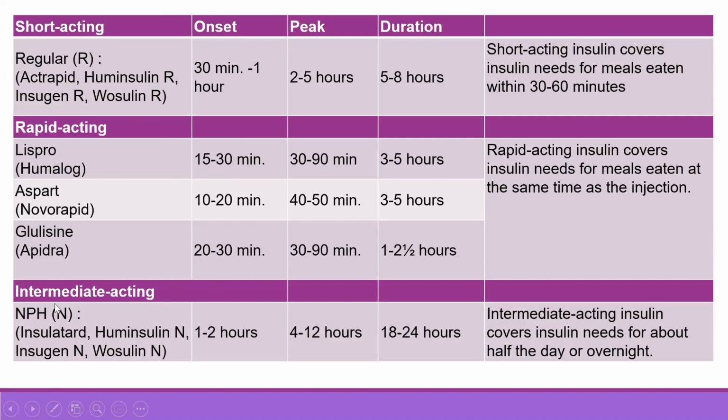On the other hand, the intermediate-acting insulin or NPH, I've given you these trade names. Their duration of action is roughly 12 to 14 hours, not 24 hours, and therefore you need to give this insulin twice a day. As I've told you, they are often associated with hypoglycemic episodes because they have some peak action.